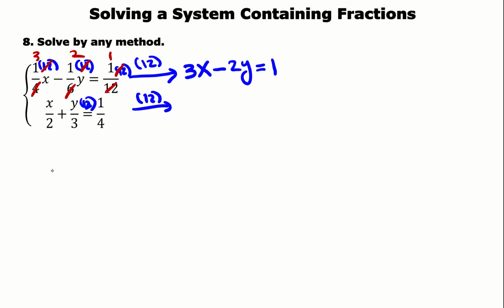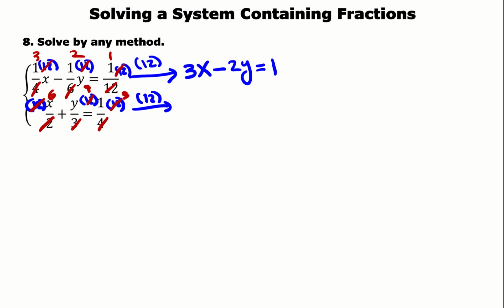Okay, those 12s didn't come out too nicely. Let me try one more time. So again, we can cross cancel, and we get 6 over here, we get 4 there, and we get 3 there.